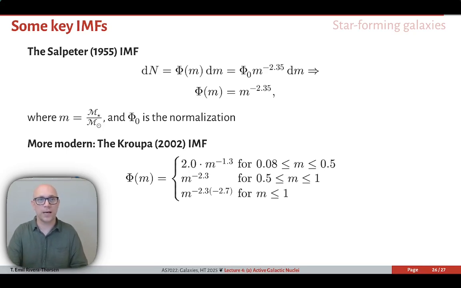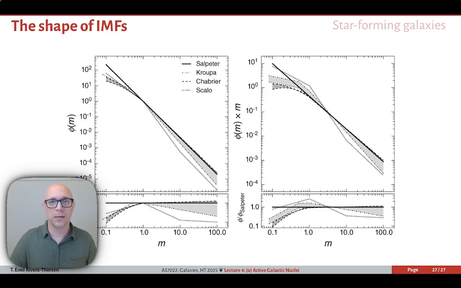But what do these IMFs look like? Here is a very nice plot of various IMFs. The straight line here you see in log space is simply the Salpeter IMF. It just has a single value of the slope, as you saw before. The Kroupa that you saw before as well, as you can see, has more than one value of the slope.